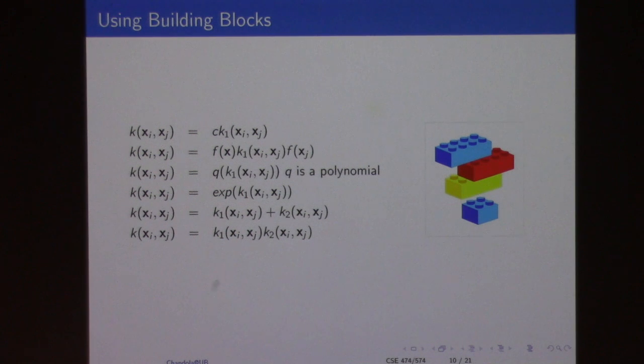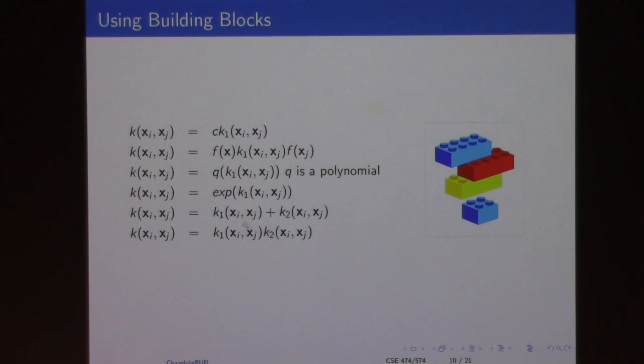So there are a lot of rules that you can use to build new kernels. For example, if you have an existing valid kernel function, which means the K matrix will be positive definite, then if you multiply it with a constant value, that will also be a valid kernel function. You can add two kernel functions and still get a new kernel function.